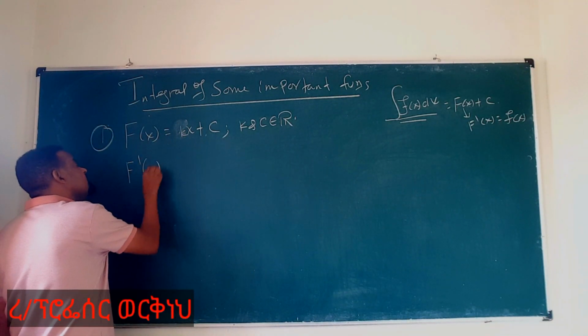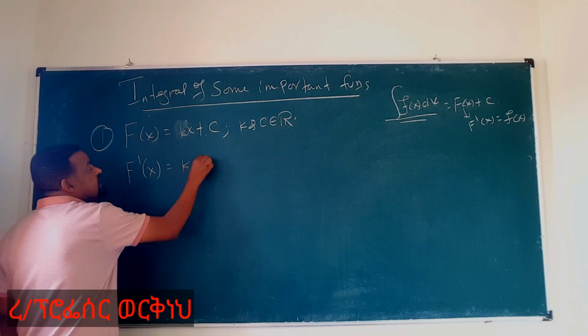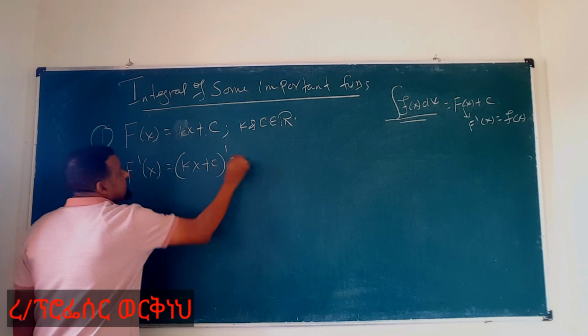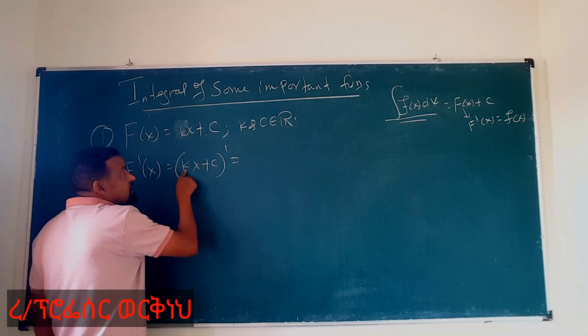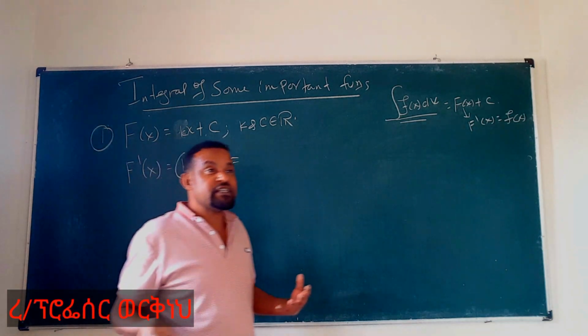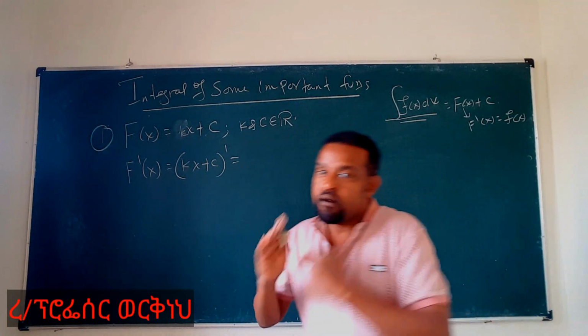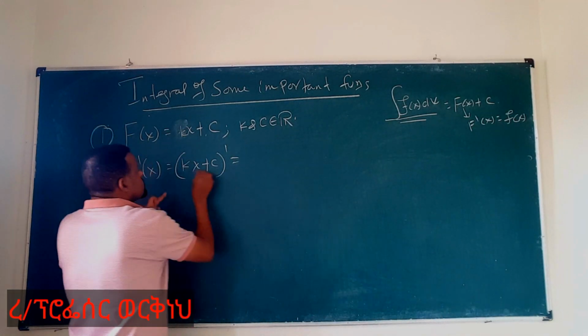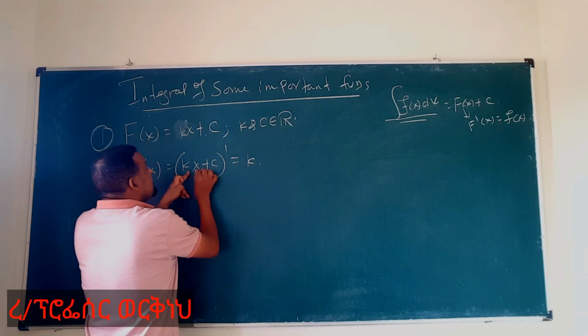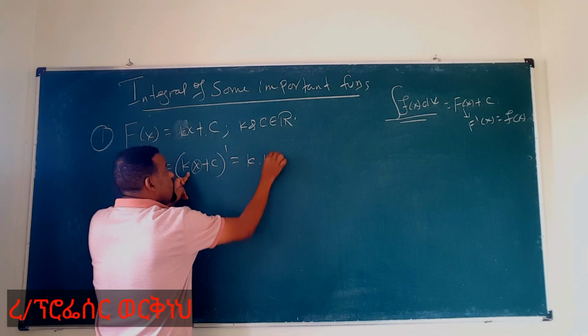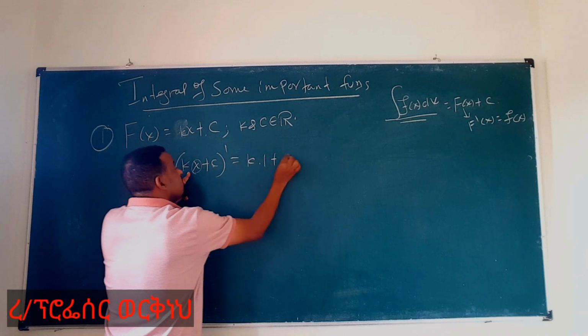The derivative of kx plus c. You know that in the discussion of derivatives, a constant doesn't affect the derivative. So this will be k, and the derivative of x is what? 1, no? Plus the derivative of c is what? 0.